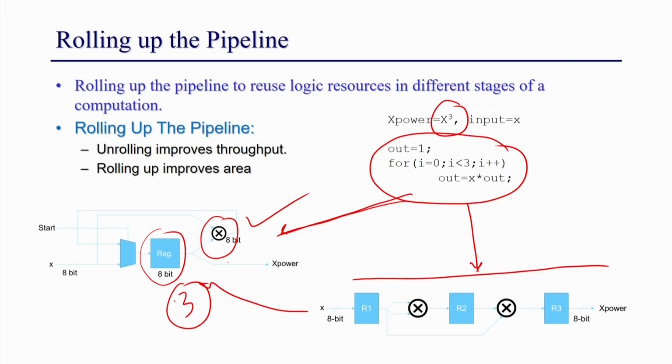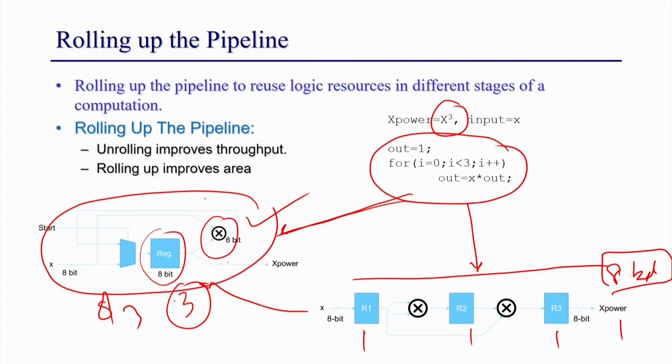So, it will be 8 by 3, and your latency is also 3 cycles, because every 3 cycles you are producing one output. In this pipeline design, all these components run in parallel, and the throughput is 8 bit per clock. Sorry, latency is 3 cycles, but effectively your throughput is 8 bit per clock, right, because there are 3 latencies here, but your area is less in the iterative version.